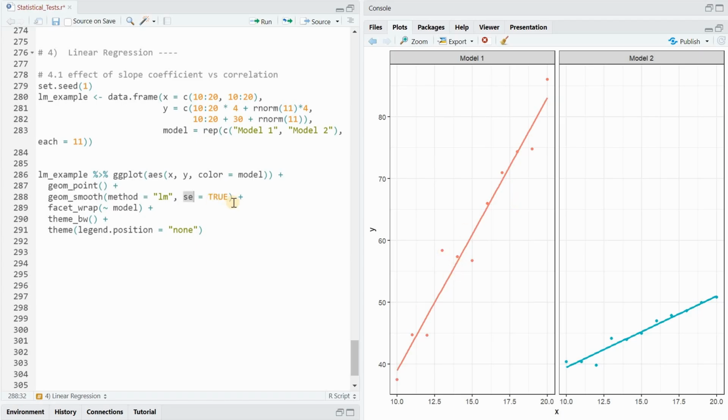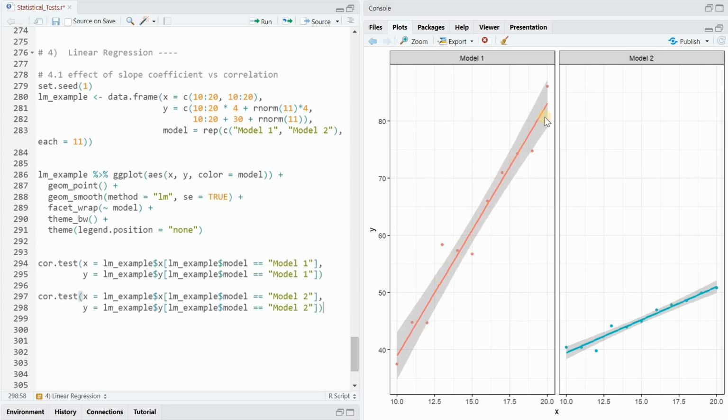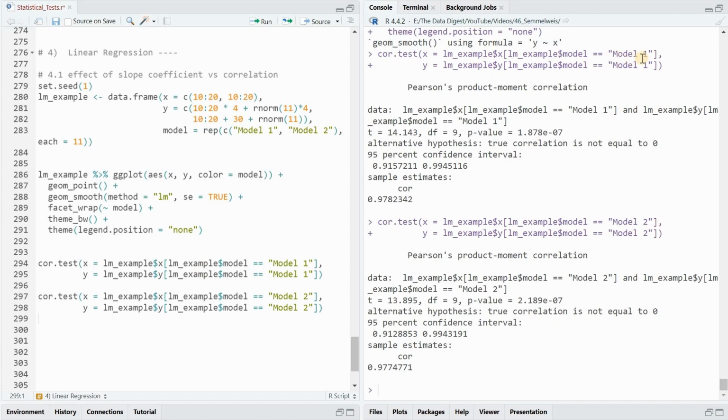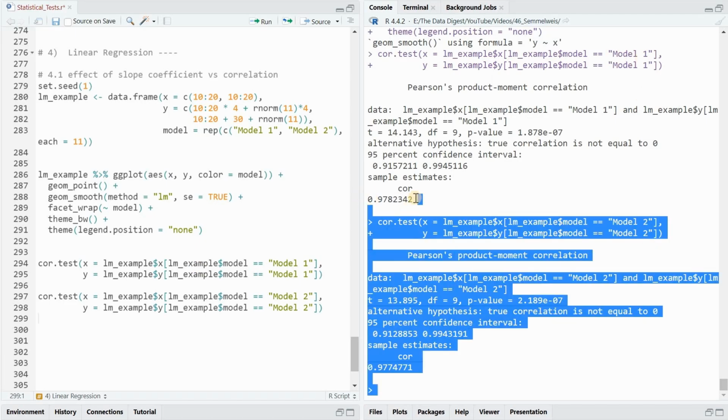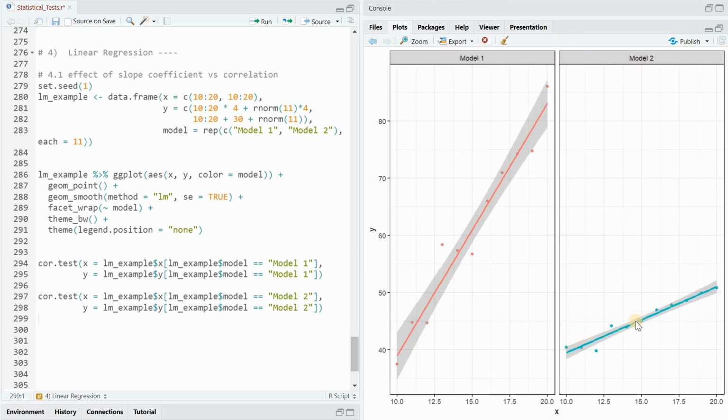If I set the standard error to true, you would get these narrow or wider confidence intervals to estimate the mean of these scatter plots. But when you run the correlation tests, you see that model 1 and model 2 both have almost identical correlation coefficients, both significant and identical, even though it looks like the y and x values here are more tightly correlated, because here the slope is steeper.